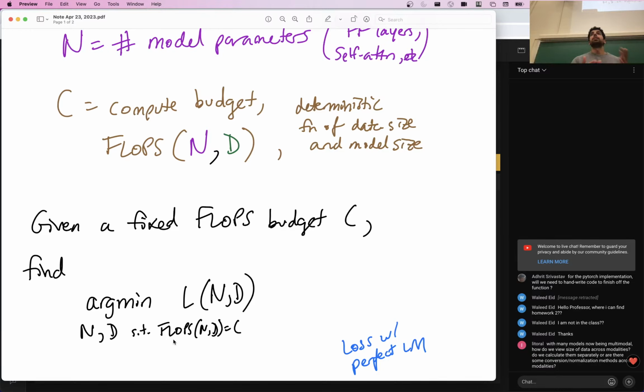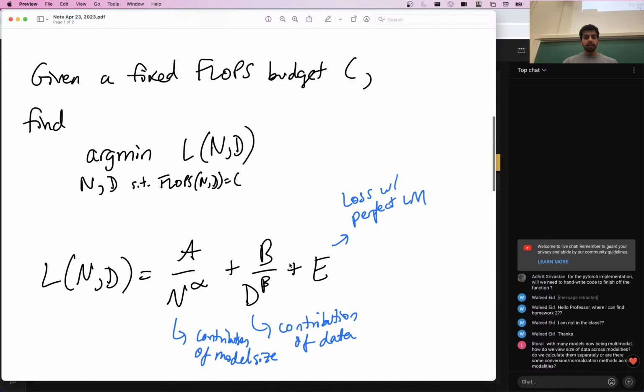And so the Chinchilla paper breaks this into this power law, where the loss of a model with n parameters trained on d tokens can be modeled with this equation here. There are many different parts to this, which is what I wanted to discuss.